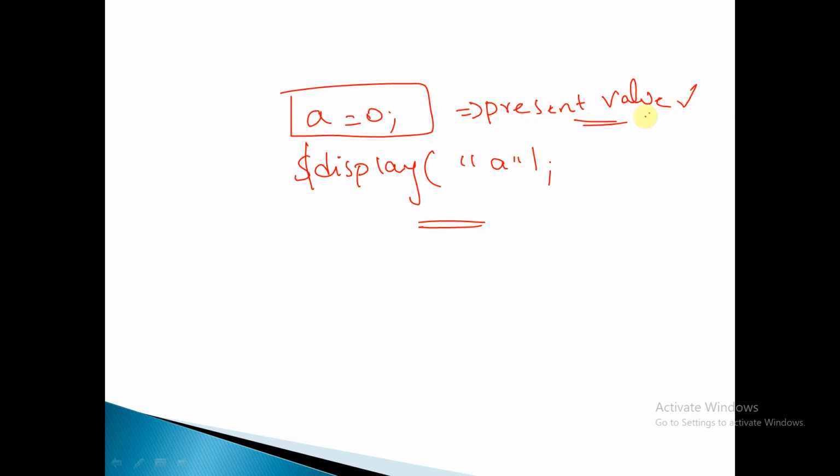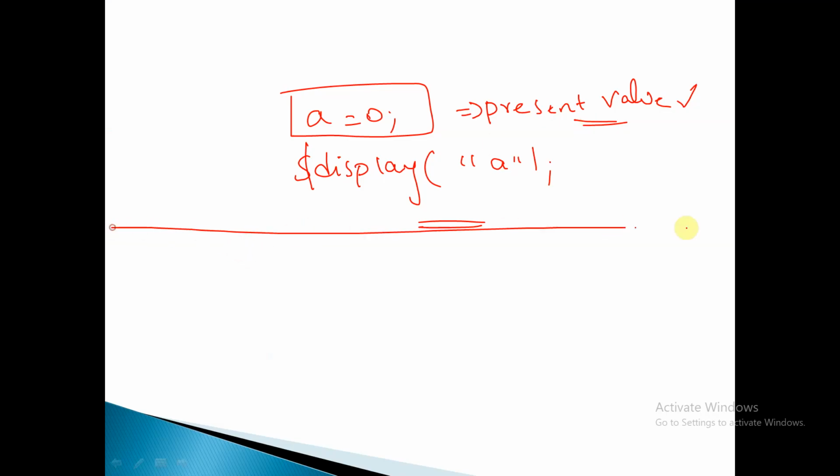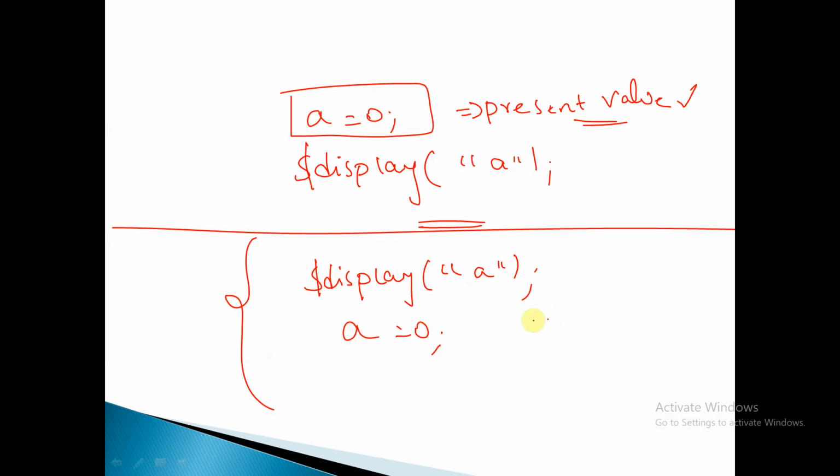Let's say within an initial begin block, we have written $display of the value of a, and a is equal to 0. This is written inside an initial begin block. Now what happens? What may be the value of a? 0 itself.